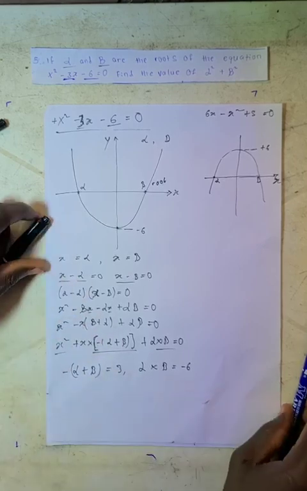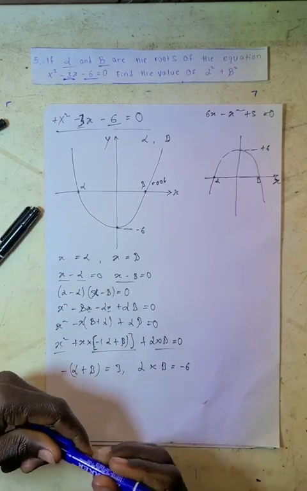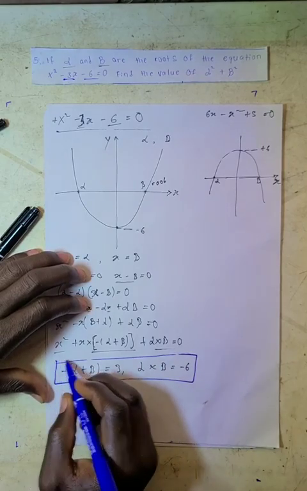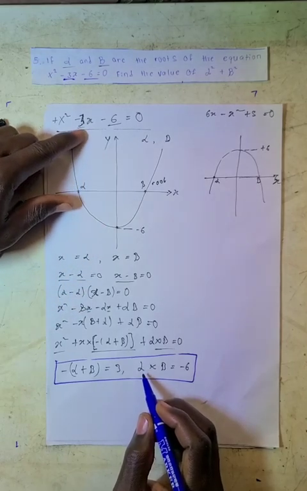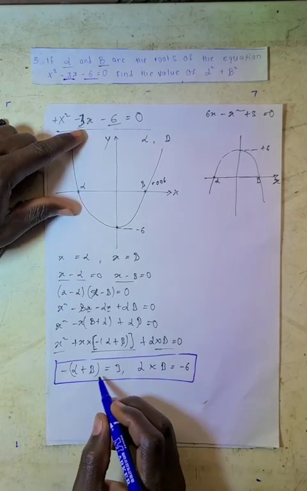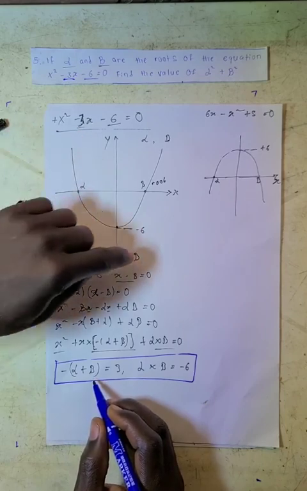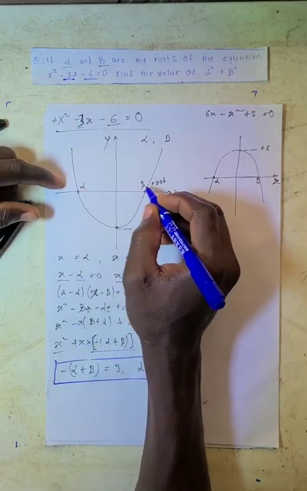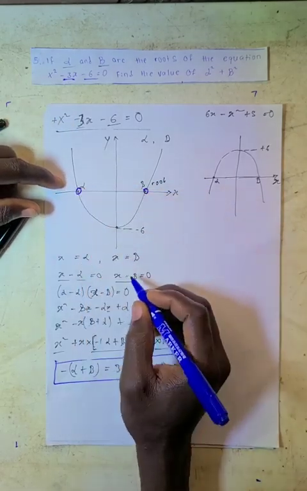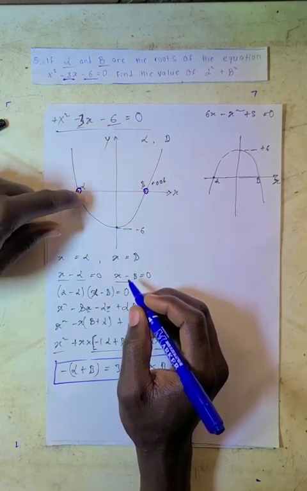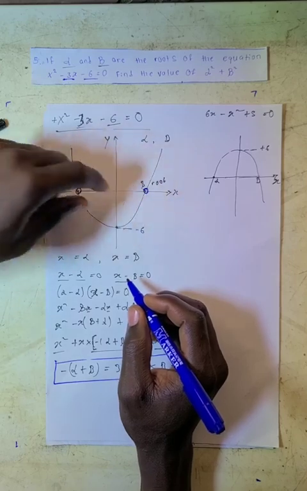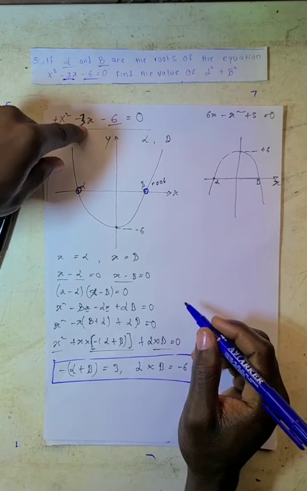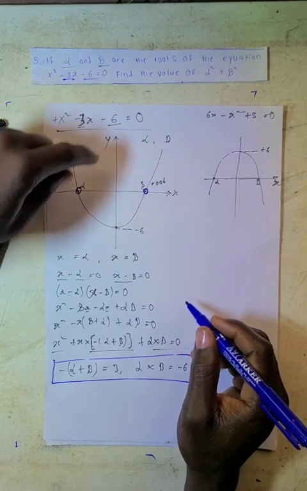So this is the next property of a quadratic equation. The property says that the middle term, that's the coefficient of x, is equal to the negative sum of our two roots. That is where the graph cuts the x-axis. If you add them together and take its negative, you are going to get this middle term. And when you multiply them together, you get this last term.